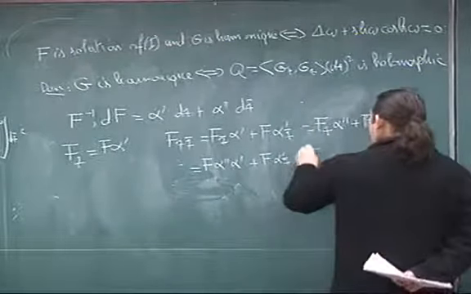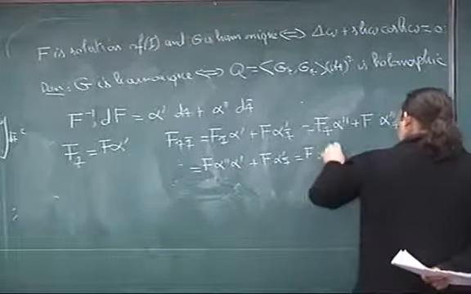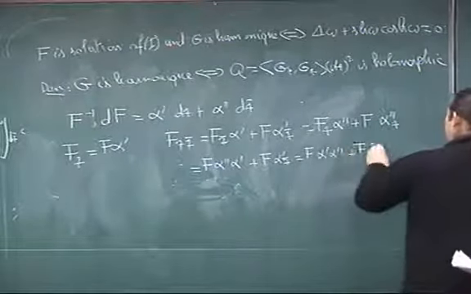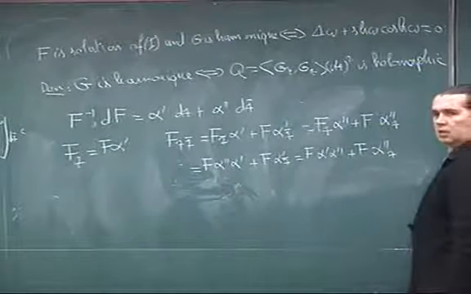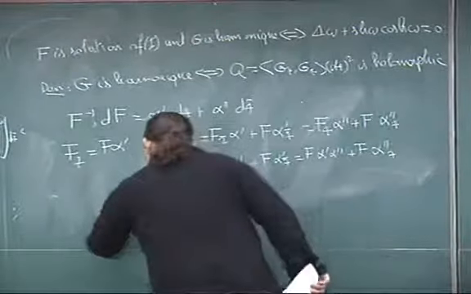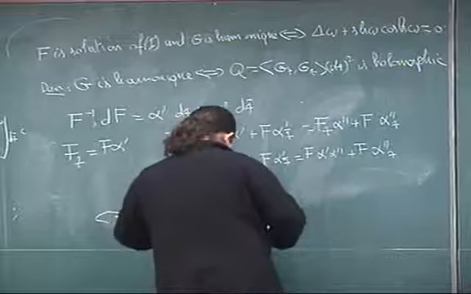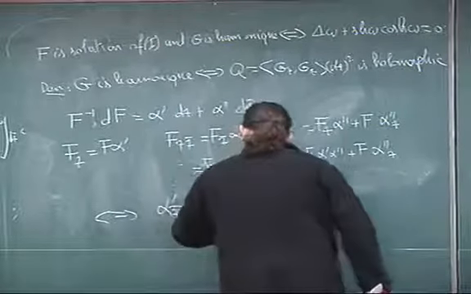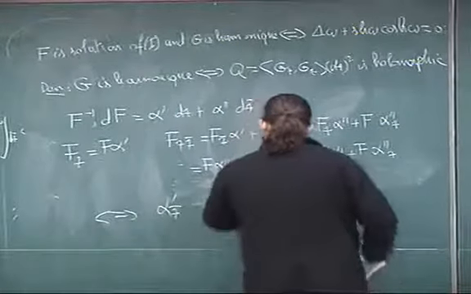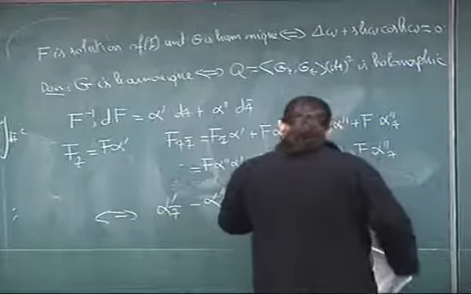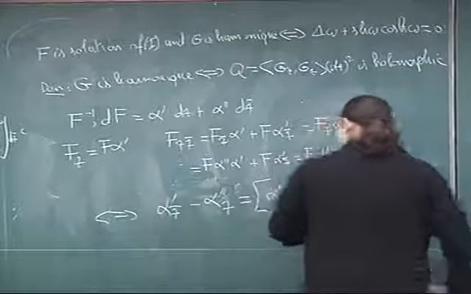Then f alpha prime alpha seconde plus f alpha seconde z. Then we have the compatibility condition is alpha prime z bar minus alpha seconde z is the commutation of alpha prime alpha seconde.